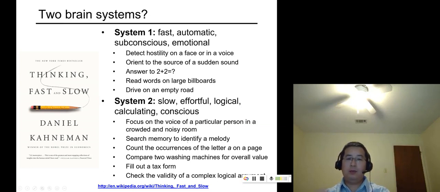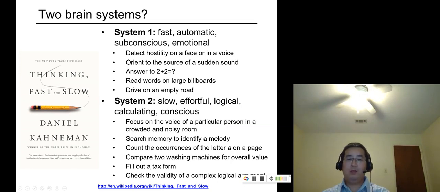So we may use some other things, not only just some logic things. We can use a lot of mechanisms we don't understand now. Count the occurrences of the letter on a page. Compare, this is slow for us. Compare two washing machines for overall value.